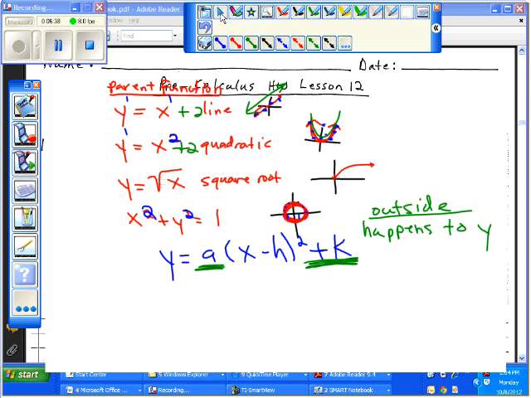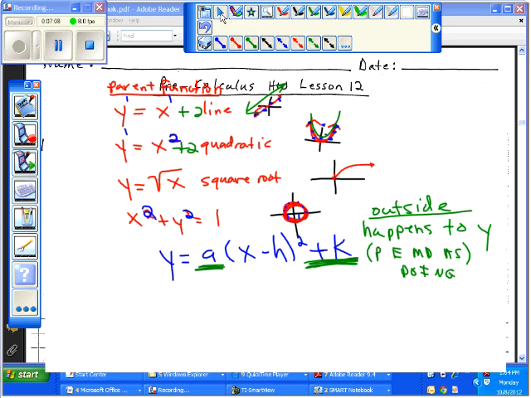What is on the outside of those parentheses is going to happen to the y in the order of operations according to doing.